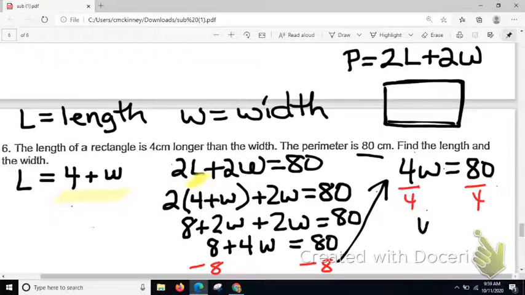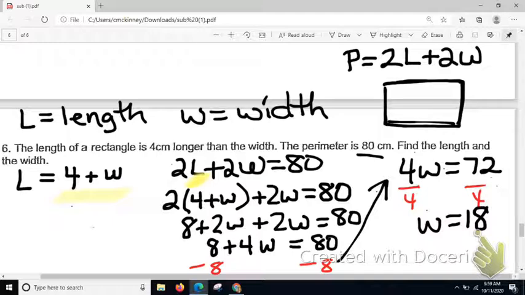And W is 20. So now I know that something doesn't feel right because I didn't subtract. If I wasn't too lazy to re-record, I would. But instead, you just get to know that everybody makes mistakes. Everybody has those days. 80 minus 8 is 72, not 80. Now when I divide by 4, I get that my width is 18.